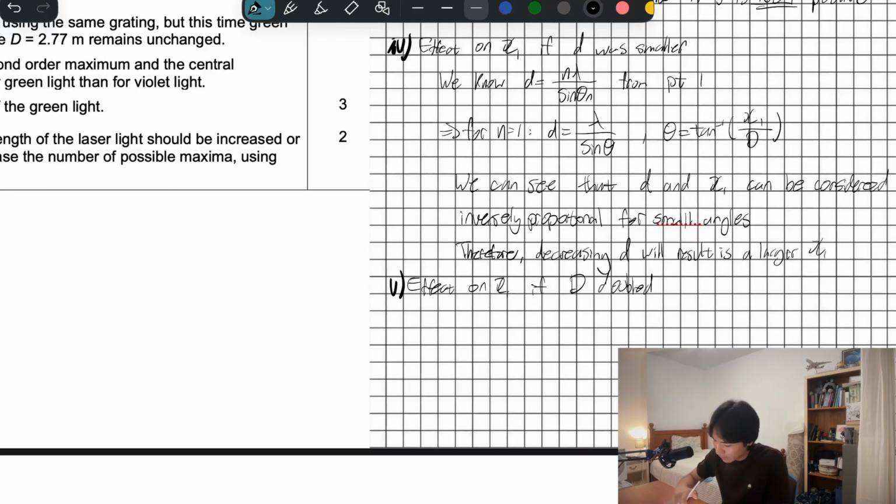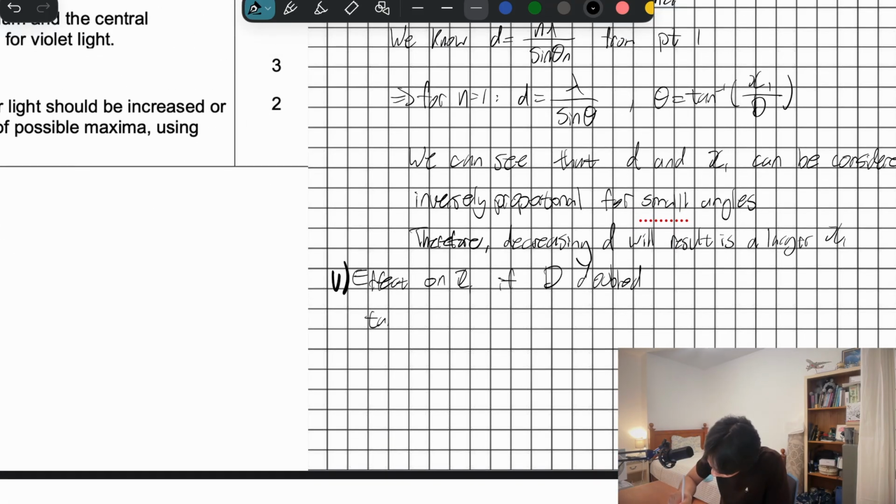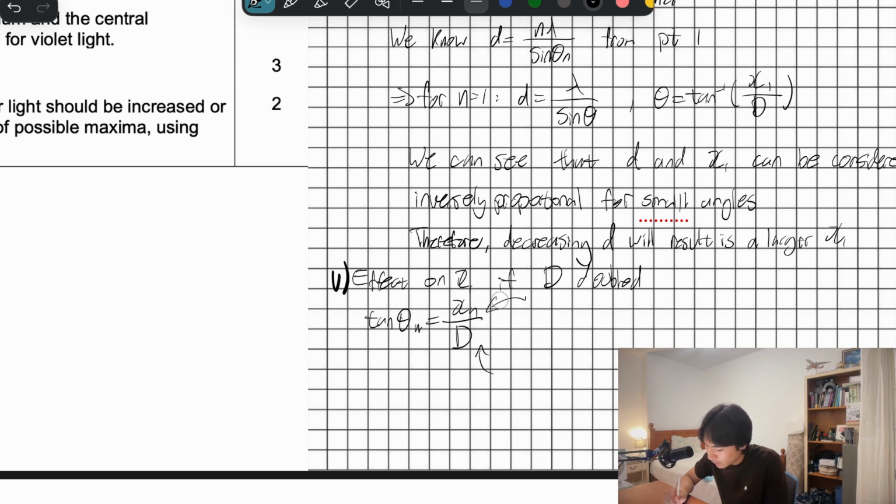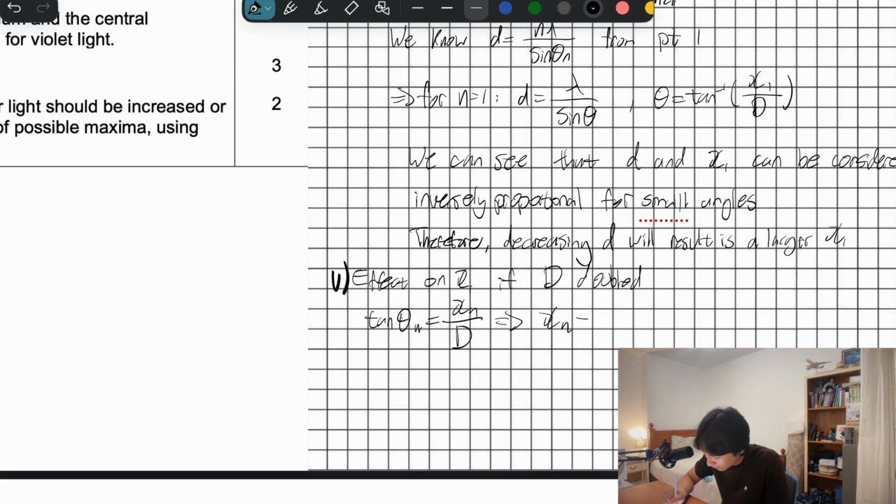So we derived that tan theta n is going to be xn over d. Imagine if d is doubled, what is going to be the effect on xn? That is the question here. We can just rearrange this by saying xn is equal to d times tan theta n.